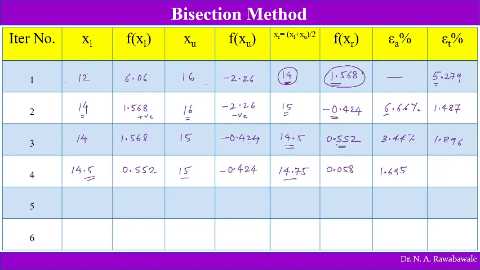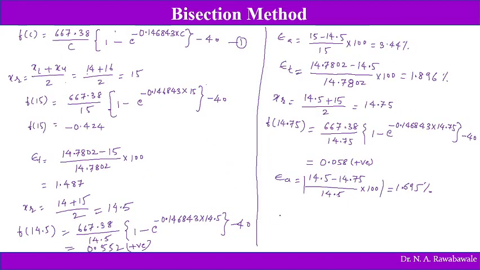Now true error we can find out. The new approximation is 14.75, true value is 14.7802. True error is (14.7802 minus 14.75) divided by 14.7802 into 100.